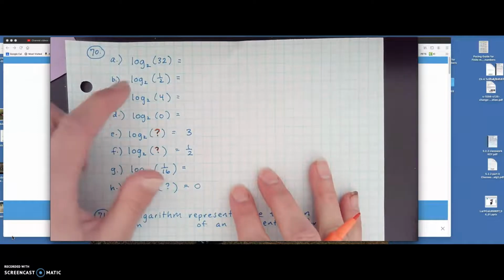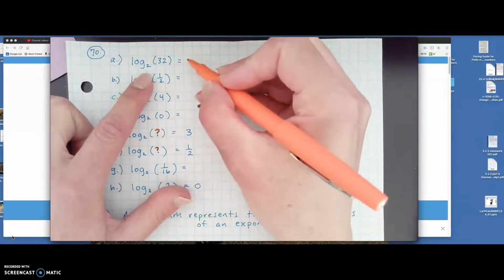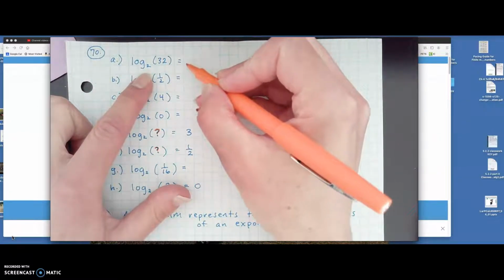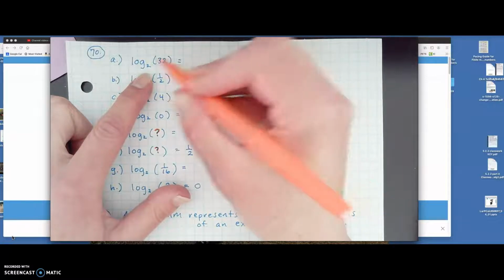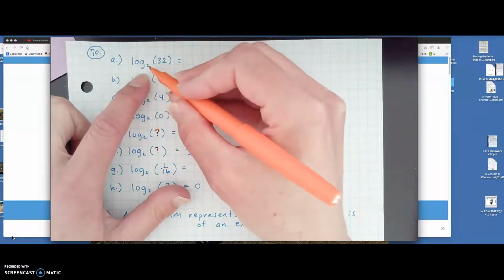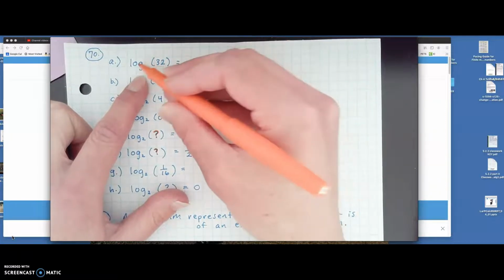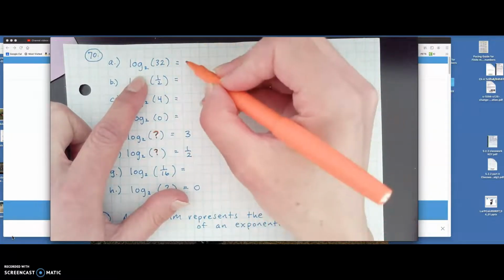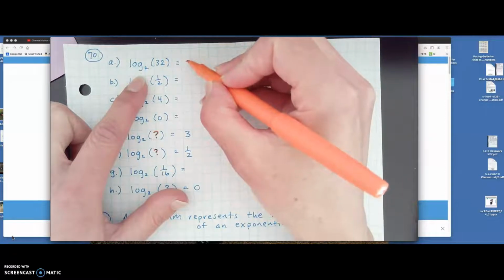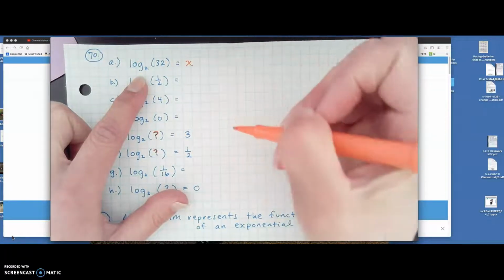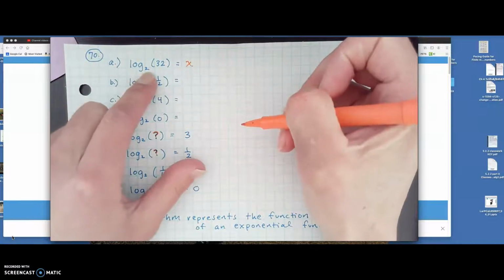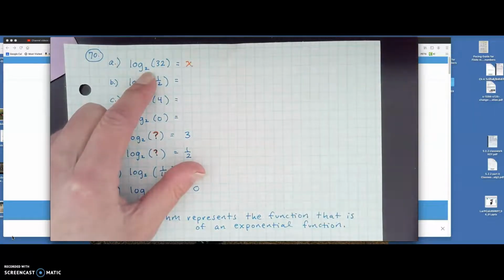All right, so the way that I want you to think of this is, since we're trying to figure out what the logarithm, it's called log base 2 of 32, equals, you could put, if you want, a variable here. And so what you're really doing is you're going to unwind the logarithm.